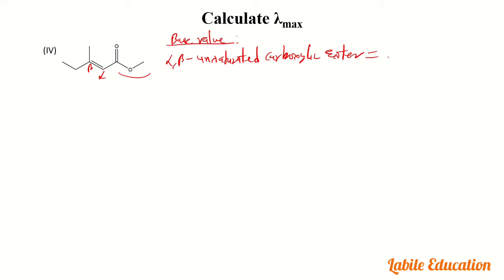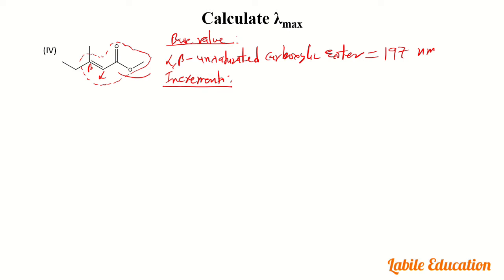The value is the same as it was in the case of carboxylic acid, so 197 nanometer. And here for increments we can add: there is nothing at the alpha position, but at the beta position there are two alkyl groups. Firstly we should mark the conjugated system here.